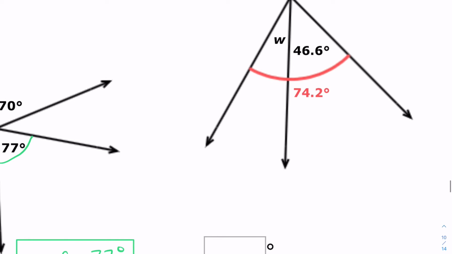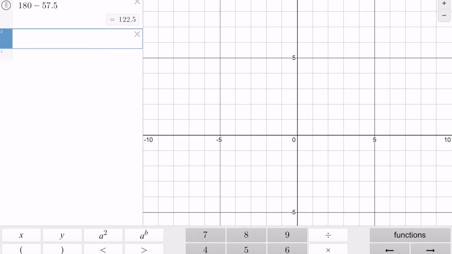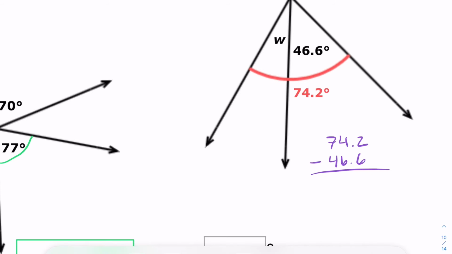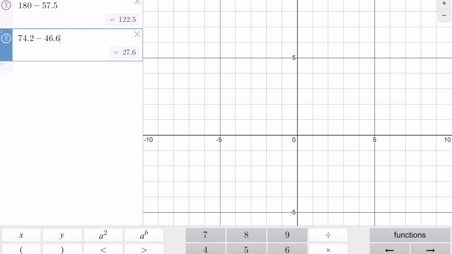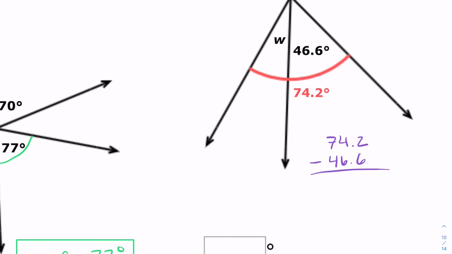So in this case, if I know that this whole thing is 74.2 and I take away 46.6, it will give me what's left over for W. So I'm going to set up 74.2 minus 46.6, and I get 27.6. So 27.6 is the result.